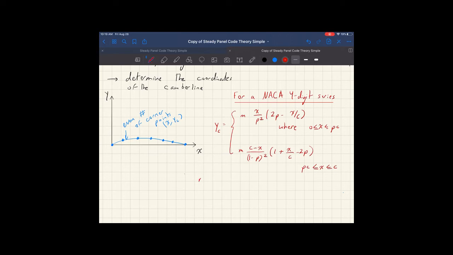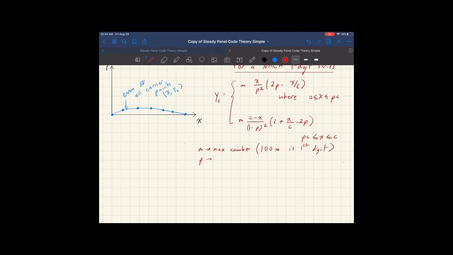So M right here is max camber, and it is the 100. So if you want to back out the maximum camber value from the 4-digit number, it's 100M is the first digit in the series. I'll give an example soon.